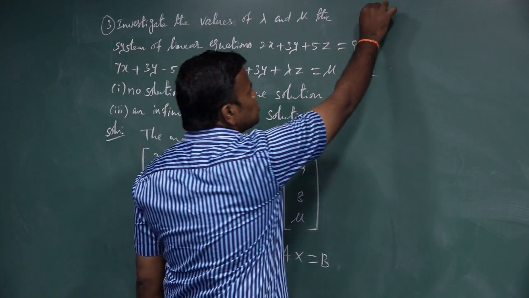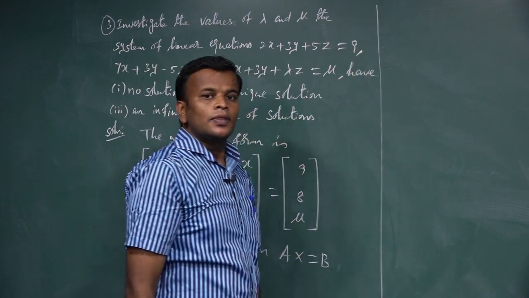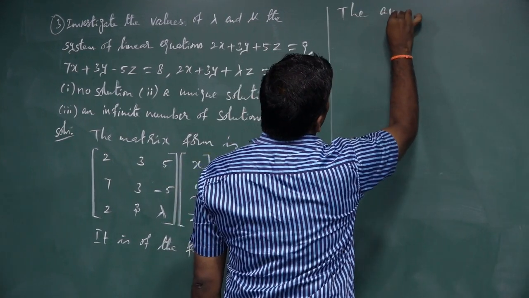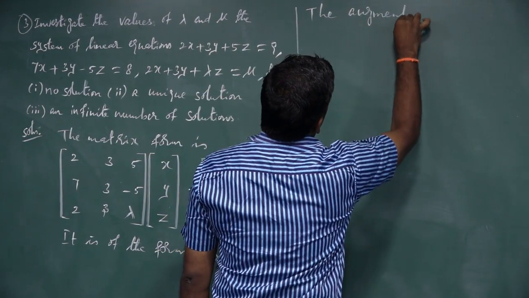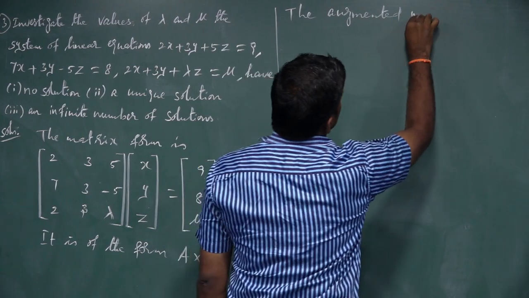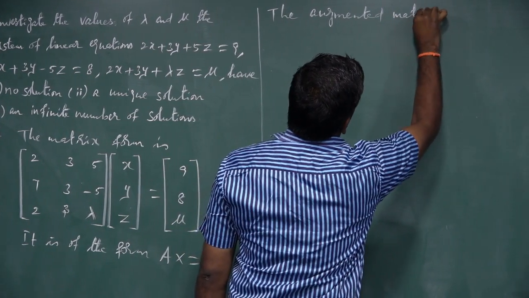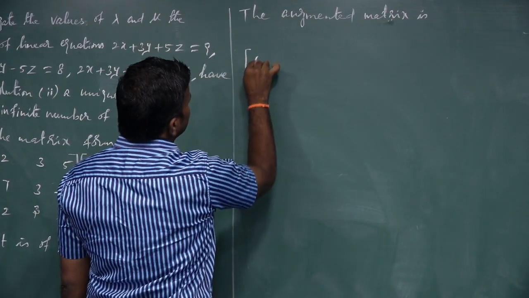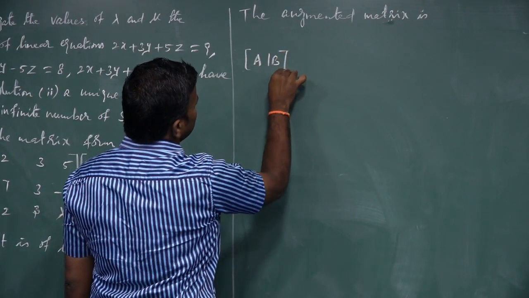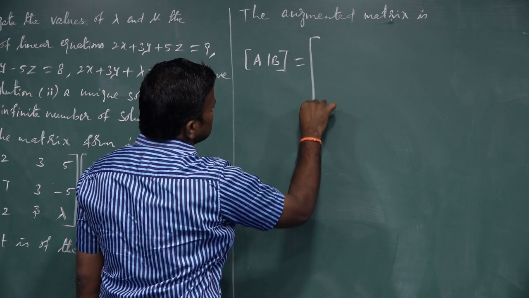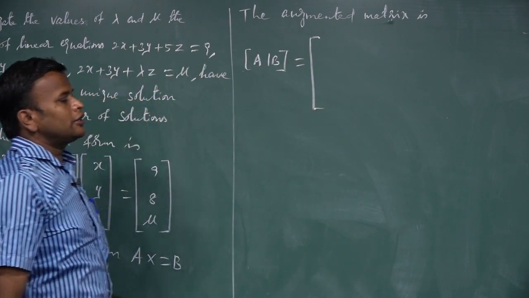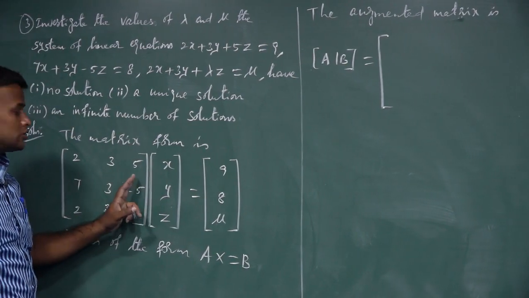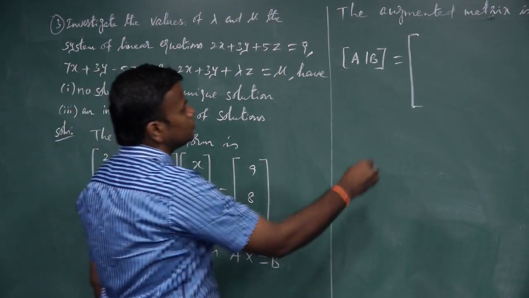After writing in matrix form, what is the next step? To convert it into the augmented matrix. Augmented means extended: A by B. The matrix A is extended by another matrix B. So first we write the values of A: 2, 3, 5 first row.